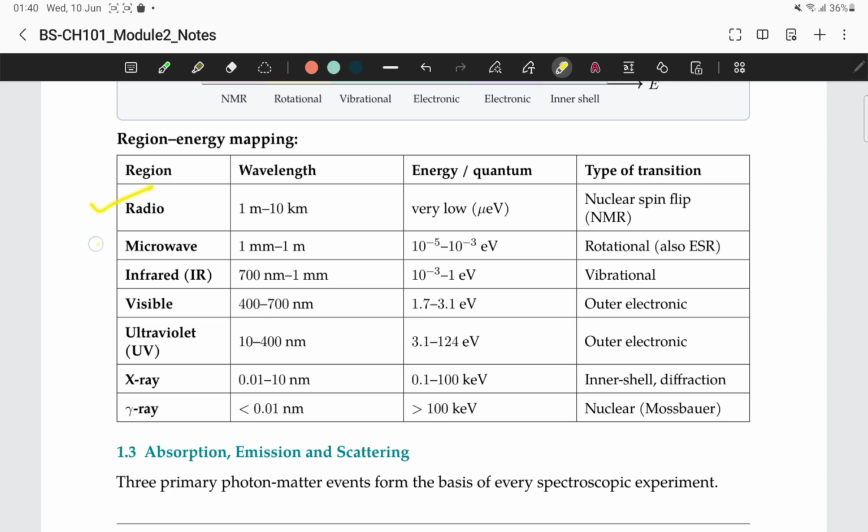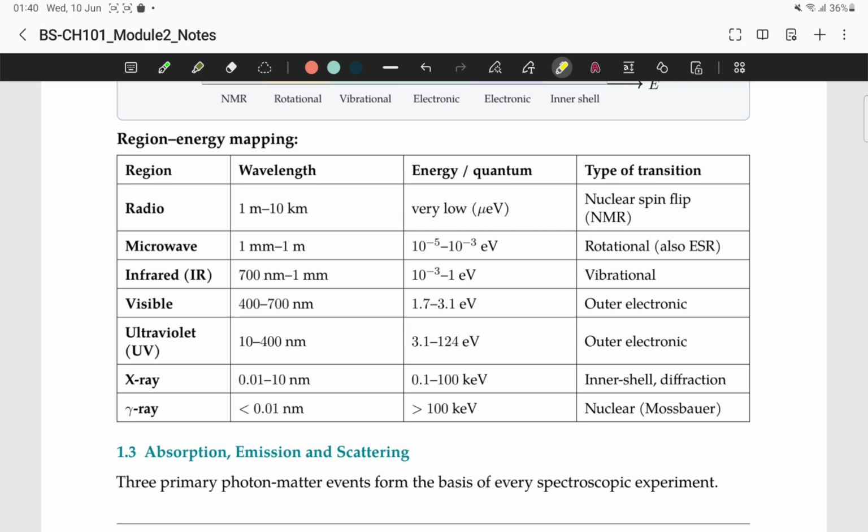First there is radio wave, then microwave, infrared, visible, ultraviolet, X-ray and gamma rays. Subsequently we will be visiting each one by one, but as we have very little time left, we will carry forward this session in fast forward mode.